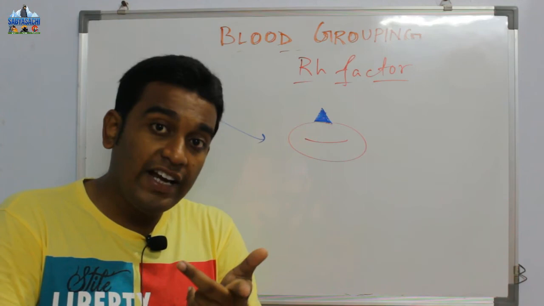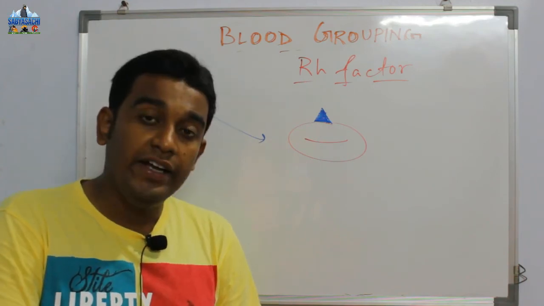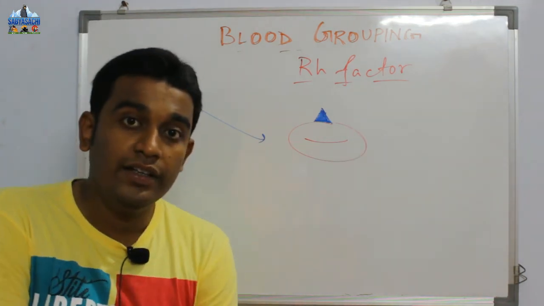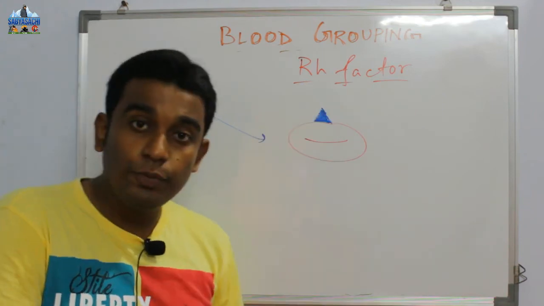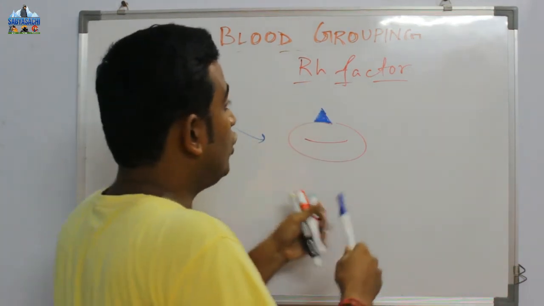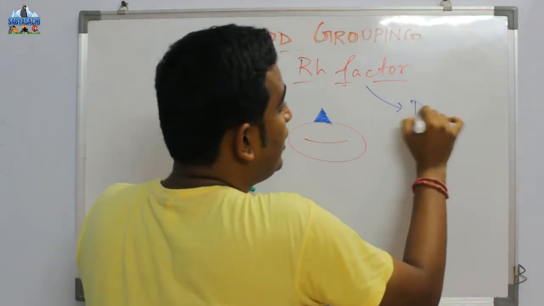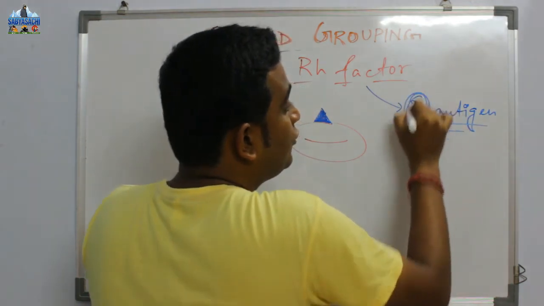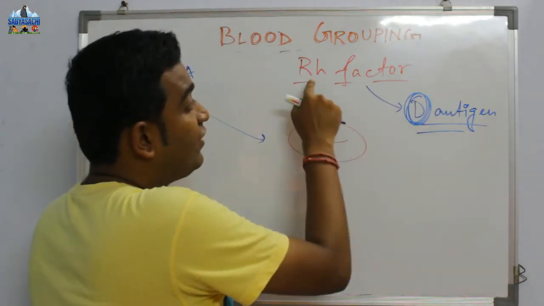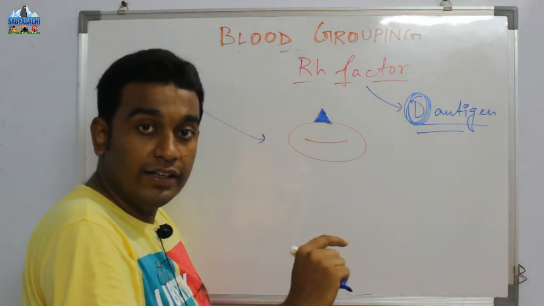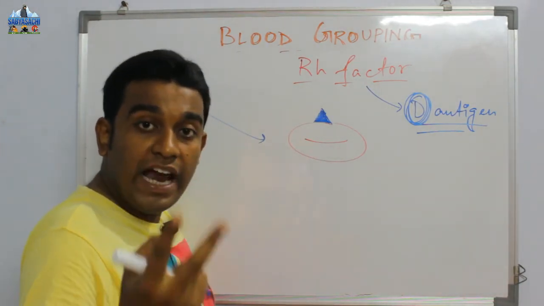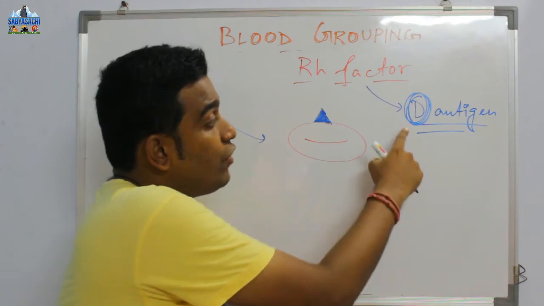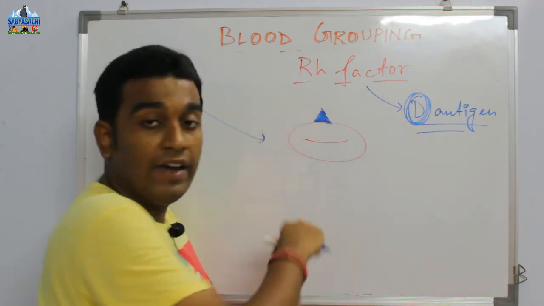So this positivity and negativity can also be identified by the presence of one more protein, which is known as rhesus protein, or alternatively known as the D antigen. So D is basically for the identification of the rhesus factor or Rh factor. So you have got A antigen and B antigen for A, B and O, and now you have got D antigen for the rhesus factor.